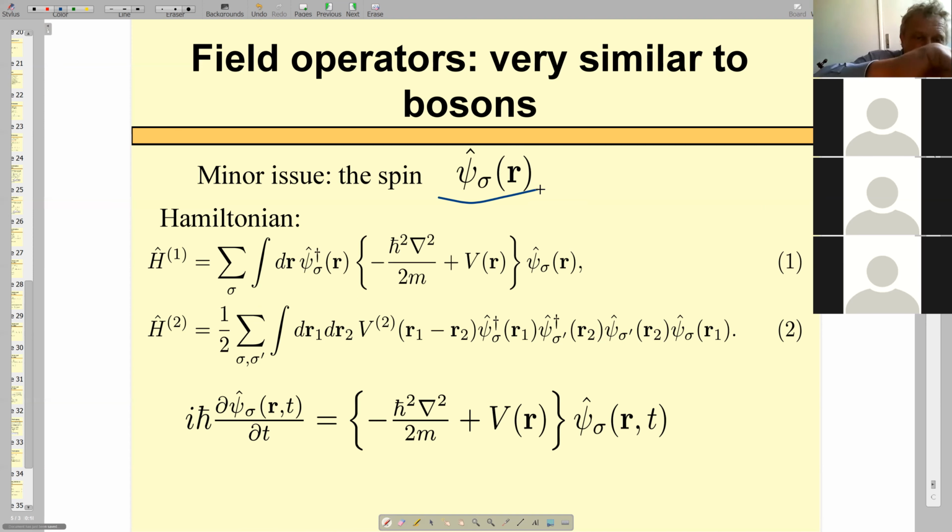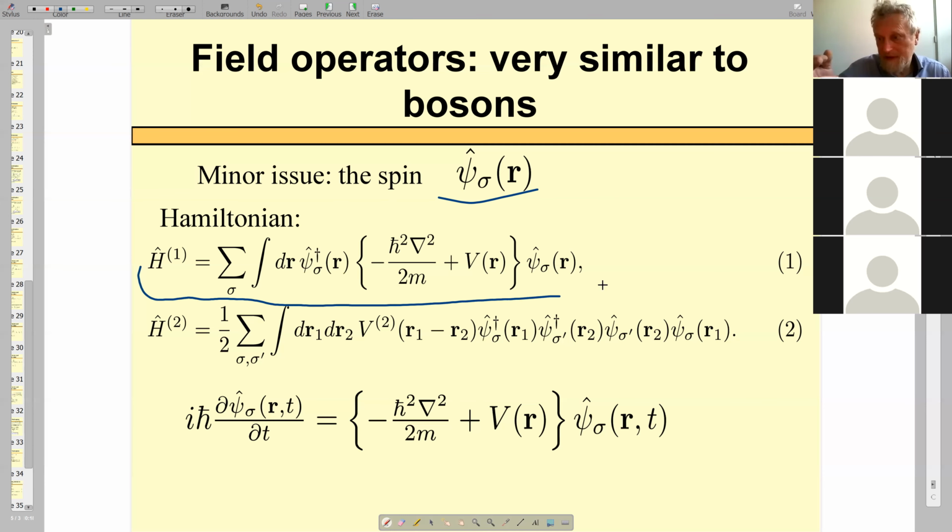Fine. Right, all the simple machinery around is precisely the same as for bosonic operators. So instead of repeating this, I just write similar formulas. As you see, the difference is only in the summation over spin.